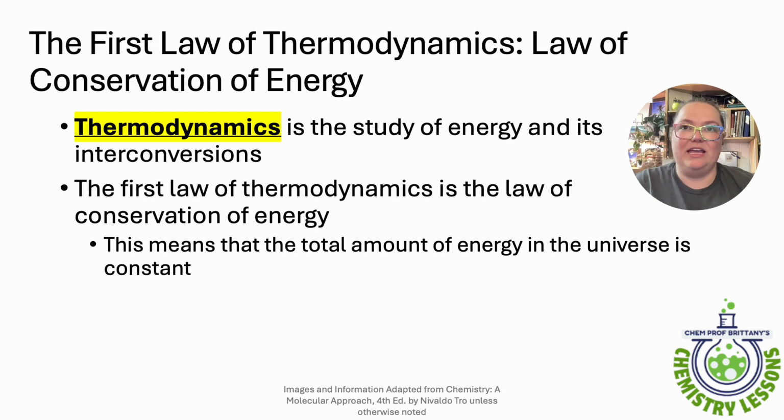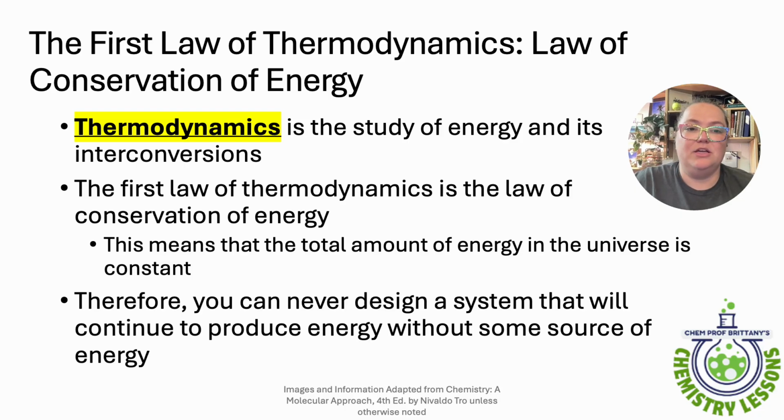So even if this thing over here loses energy, it doesn't get destroyed, it just gets transferred or changed to some other kind of energy. So you can never design a system that continues to produce energy without some source of energy, right? The amount of energy in the universe is constant.